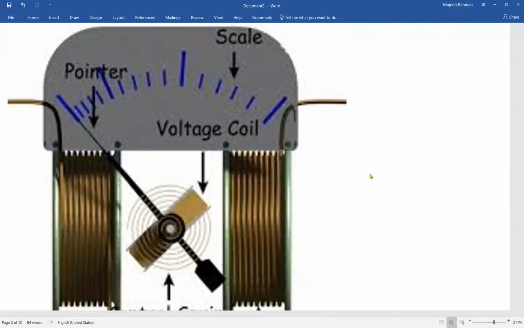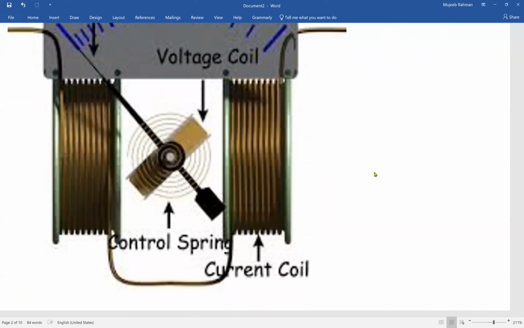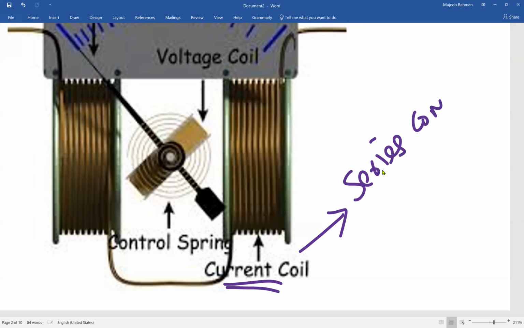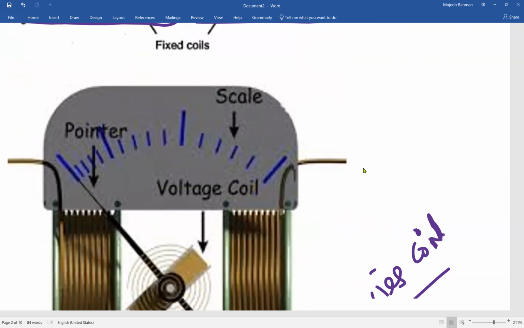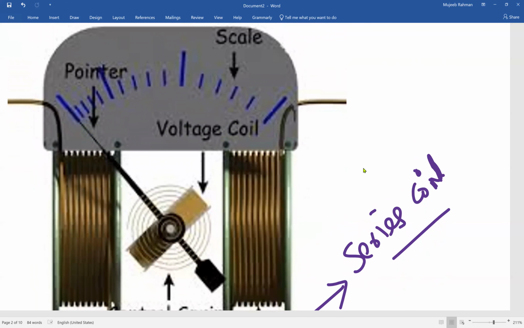Now, this type of instrument we'll find in this particular fashion here. As we said before, this particular coil is acting as the current coil or series coil, and there is another set of coils called the voltage coils. This will be acting as the voltage coil or the pressure coil.